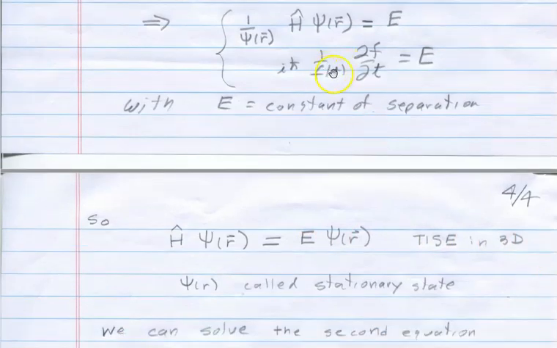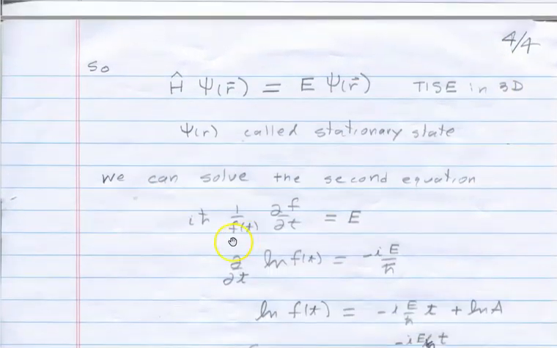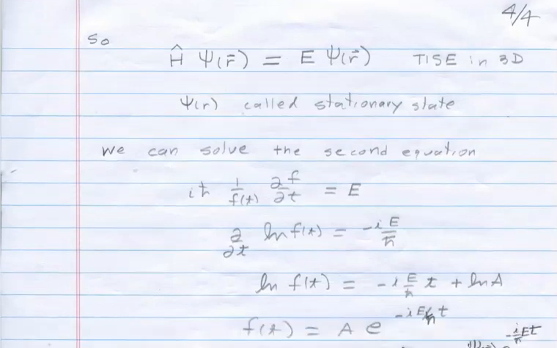The second equation here, well, we can solve that like we've done before. Here's the second equation. I multiplied through by minus i and divided by h bar to get those on this side, and then realized that this is just the derivative of the logarithm of f of t, so it's a logarithmic derivative.